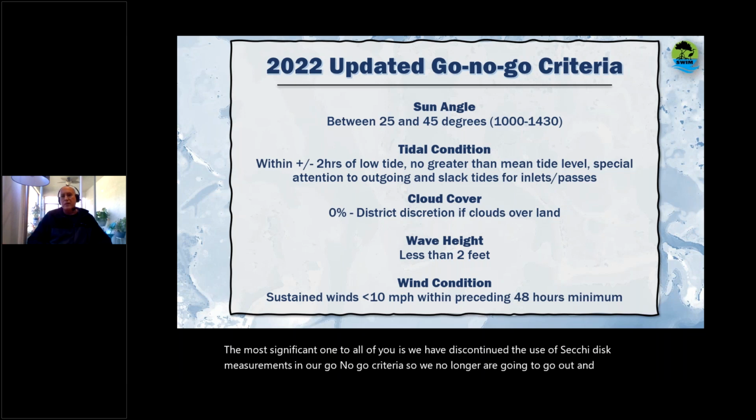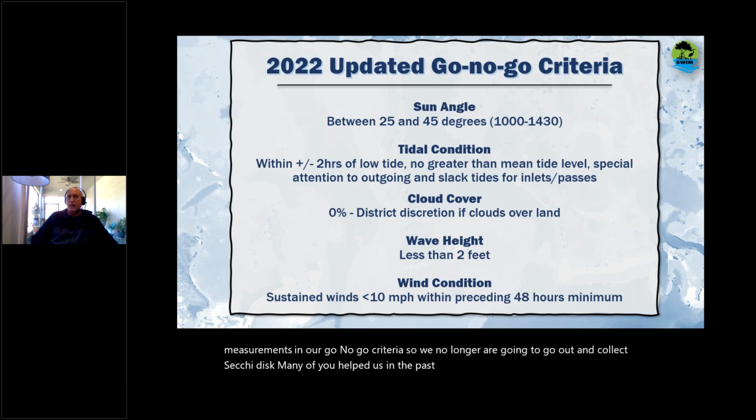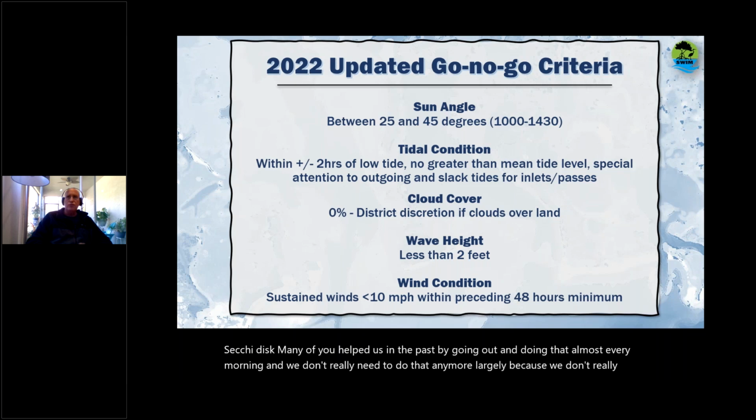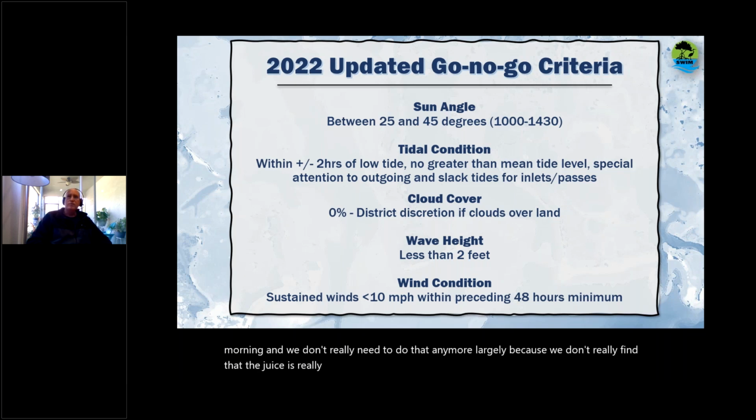Many of you helped us in the past by going out and doing that almost every morning, and we don't really need to do that anymore, largely because we don't find that the juice is worth the squeeze in terms of the amount of work that goes into collecting those measurements and then using those in our decision-making process. So we're not doing Secchi anymore.